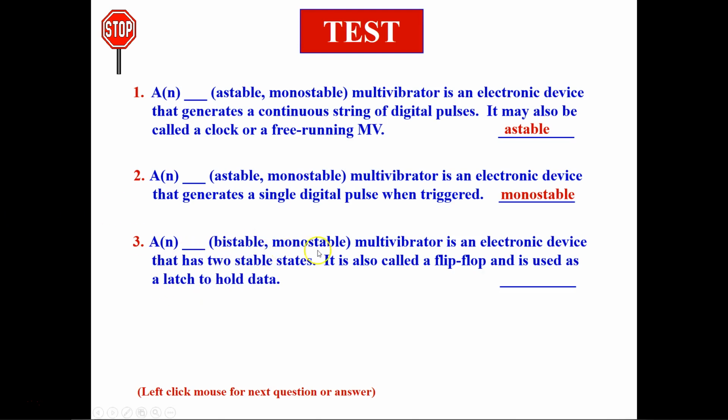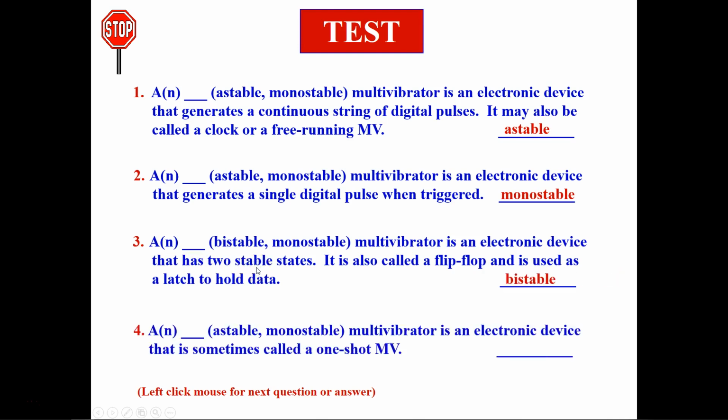So if you have a flip-flop, then it is a bistable multivibrator because it has two states. And then last, a dash multivibrator is an electronic device that is sometimes called a one-shot multivibrator. So definitely it is a monostable multivibrator.